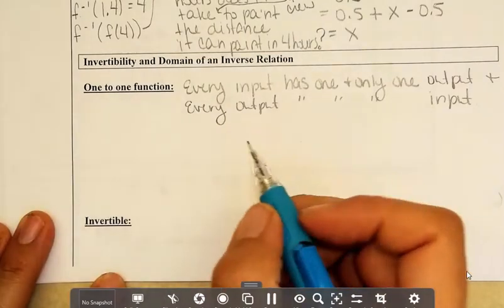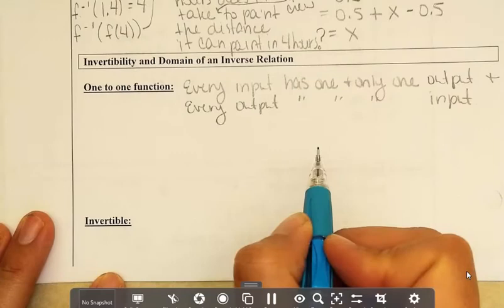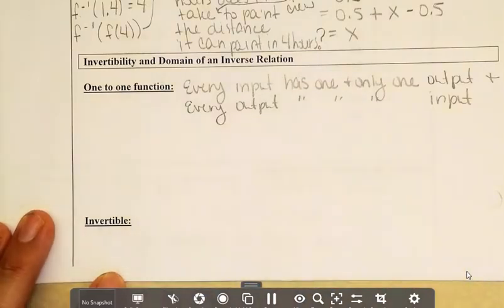So basically this means that both the function and its inverse are going to be functions.